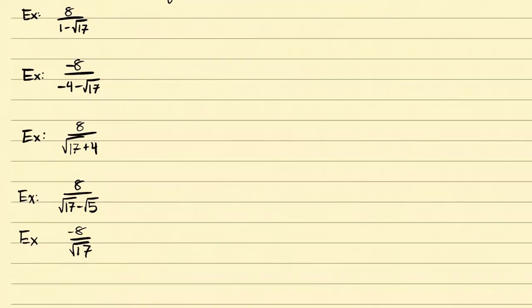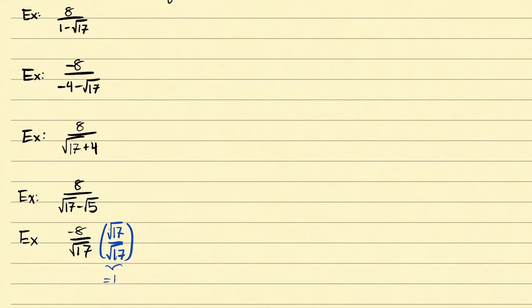So what I'm going to do is multiply by root 17 over root 17. So remember, with a fraction, the only thing I can do to it is multiply it by something that's equal to 1. And this fraction right here is equal to 1. So I haven't changed the equality of anything yet.